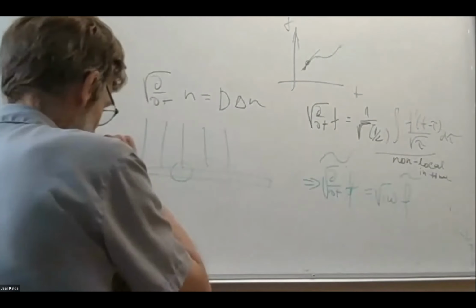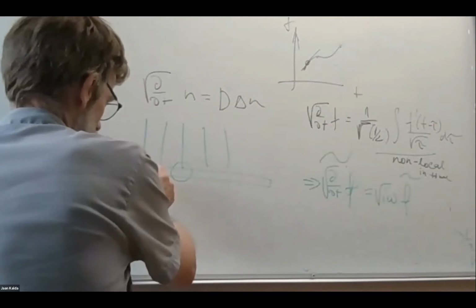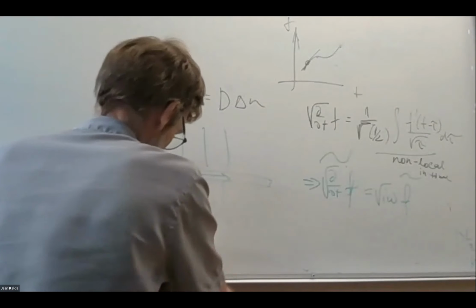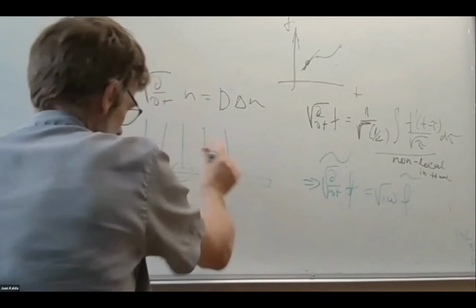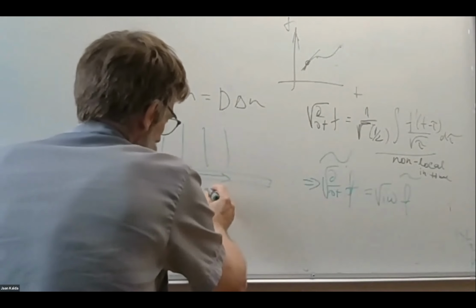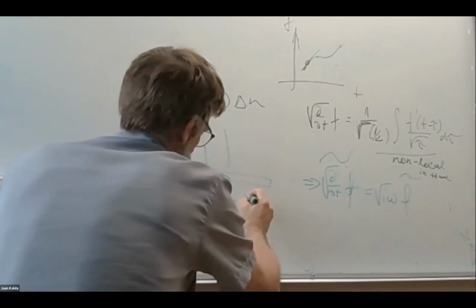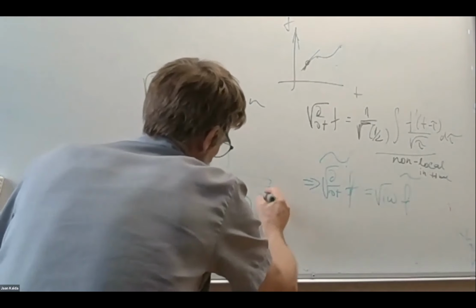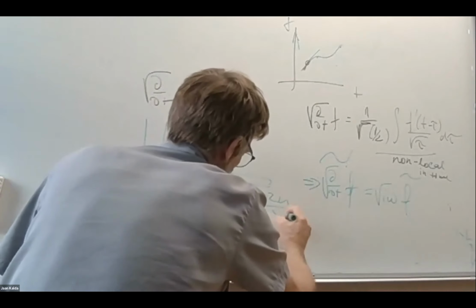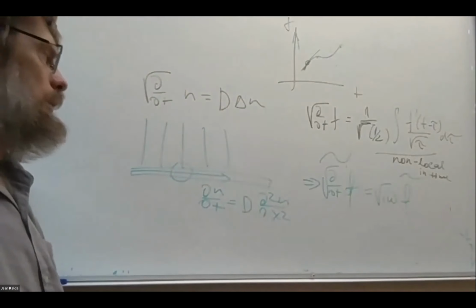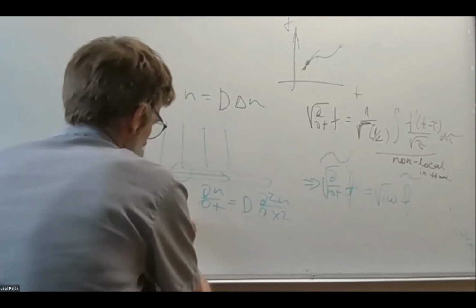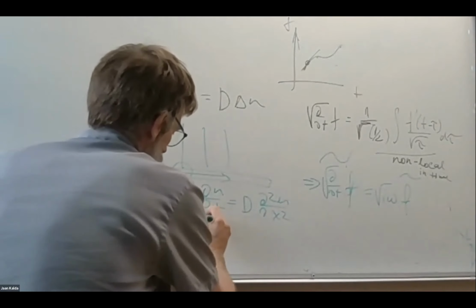How much goes in and out is described in the usual way. Ordinary diffusion would be described by dn over dt equals D d square n over dx square, where x is the horizontal coordinate. Then the flux J is proportional to dn over dx.